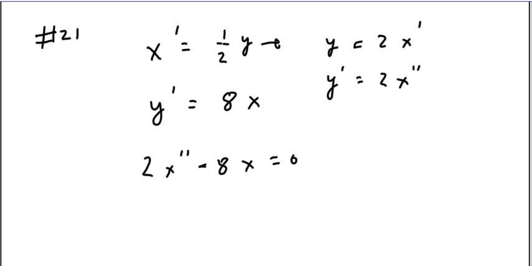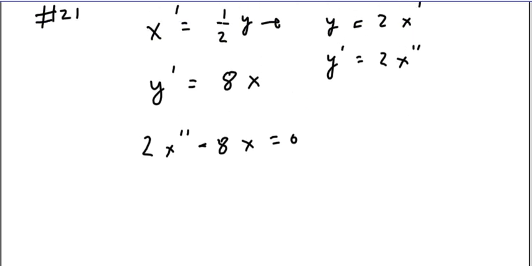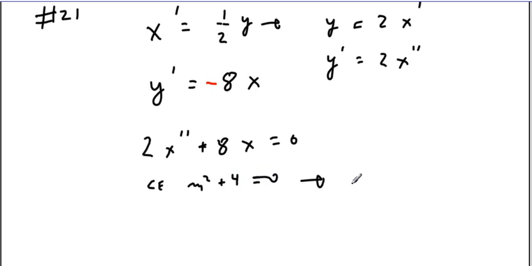Which gives us a characteristic equation. And back to what I was saying before, the problem has a minus sign sitting right there. So I better put it in. And when I do that, make this a plus. So I have a characteristic equation, m squared plus 4 is 0, implying that m is plus or minus 2i.